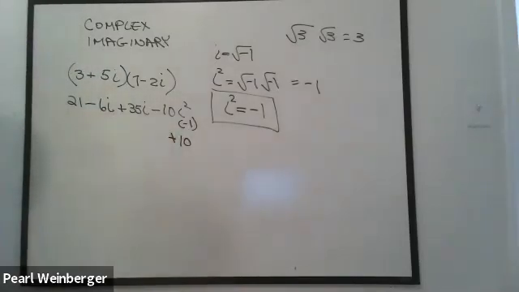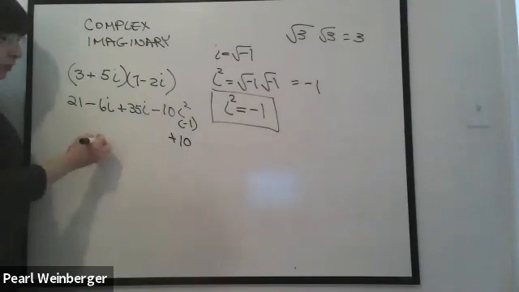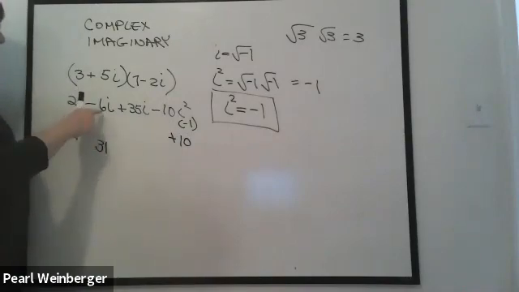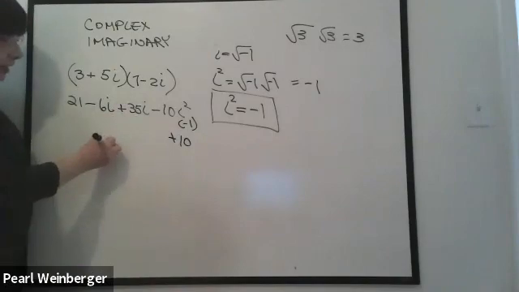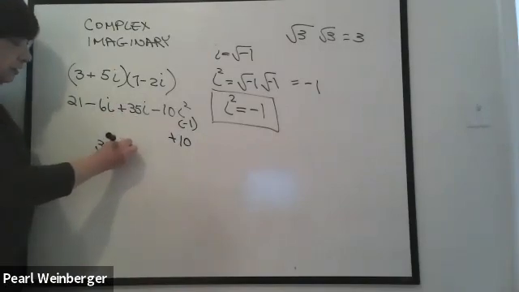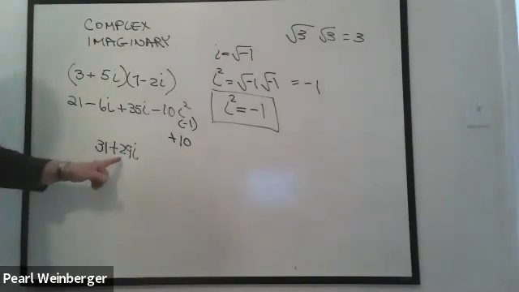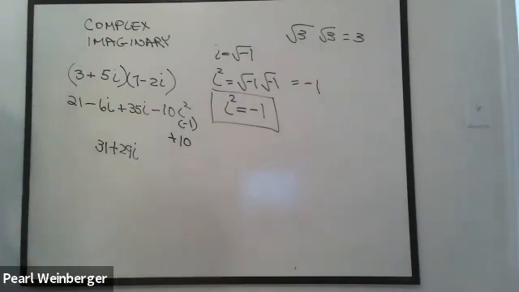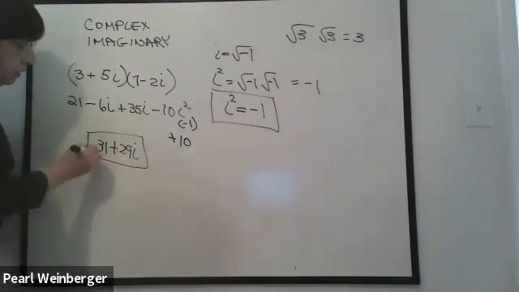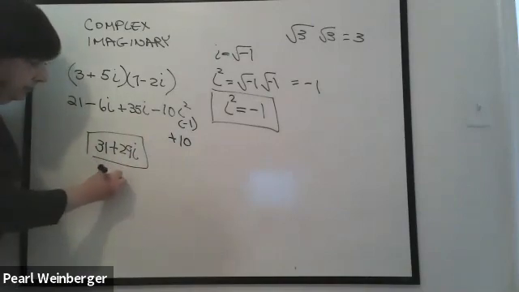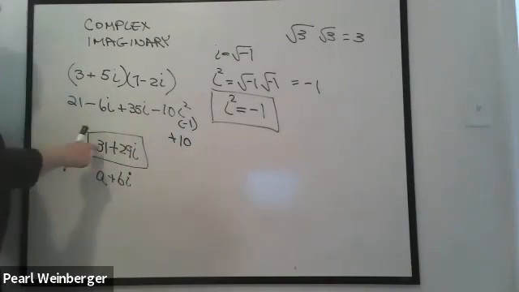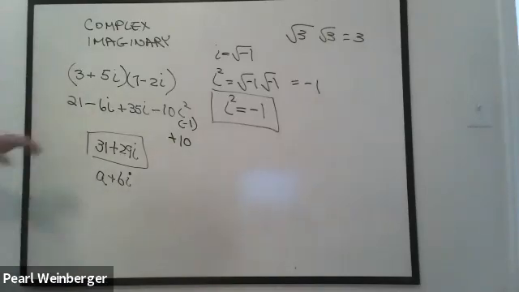And now just combine the like terms, which is the 21 and the 10, which gives you 31. The negative 6i plus 35i is plus 29i, because negative 6 and plus 35 is 29. And my answer, this is what's called the answer in a plus bi form. Usually, the way we put it is we put the real number, the one that doesn't have an i, first, and the i part second. a is 31, b is 29.